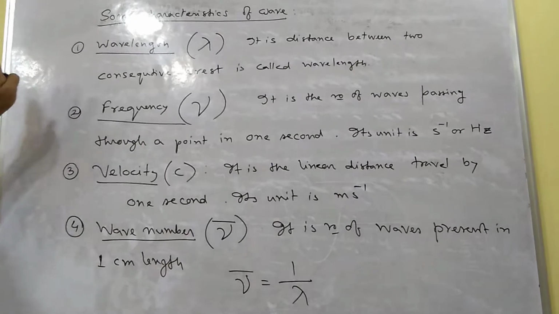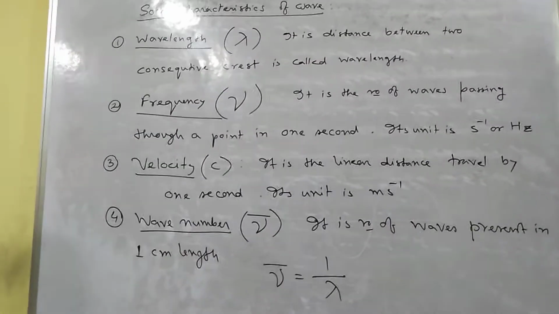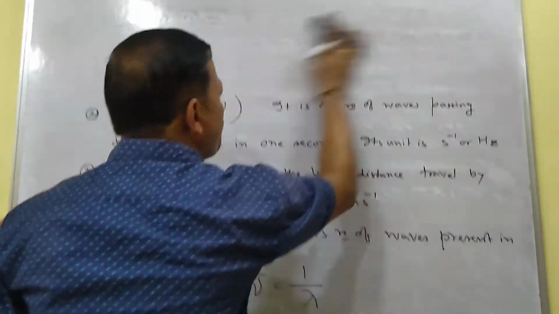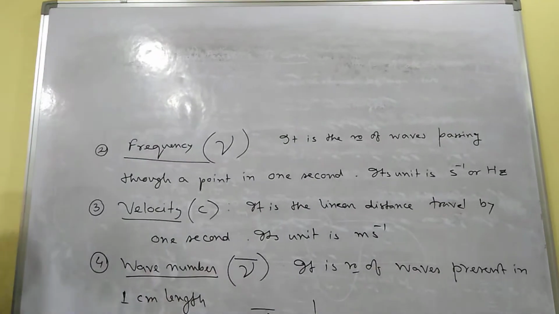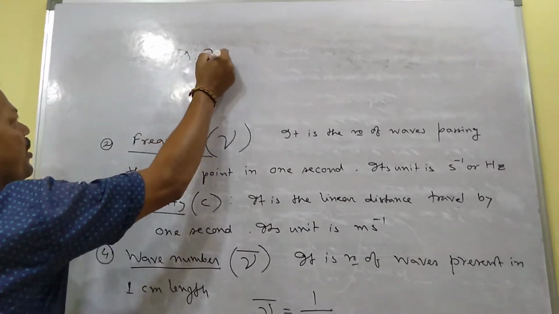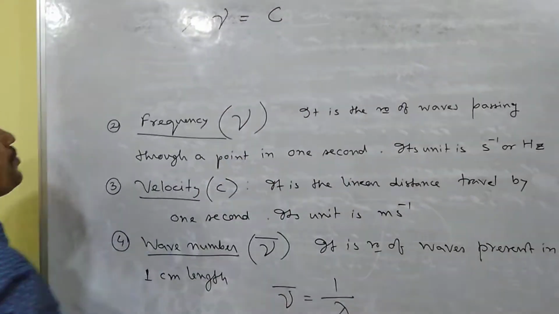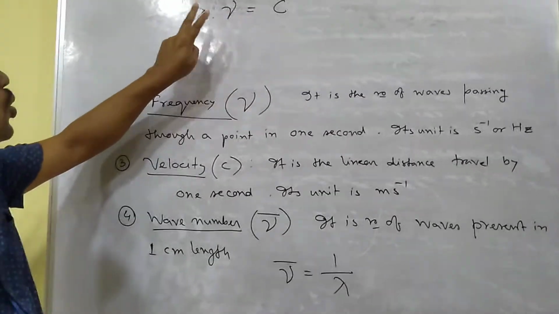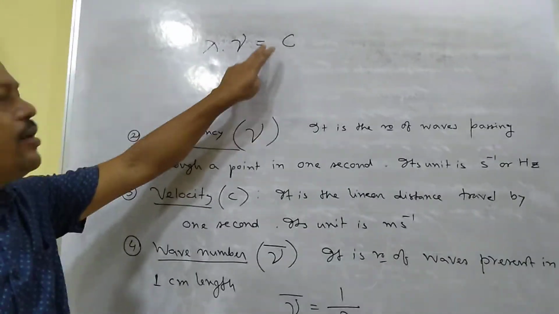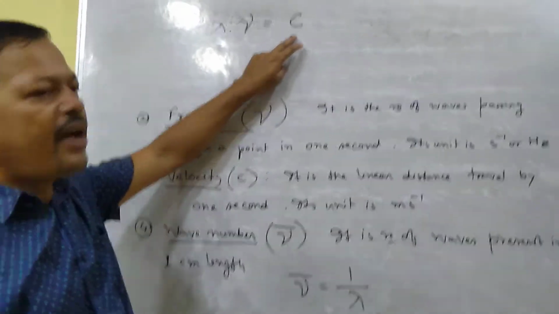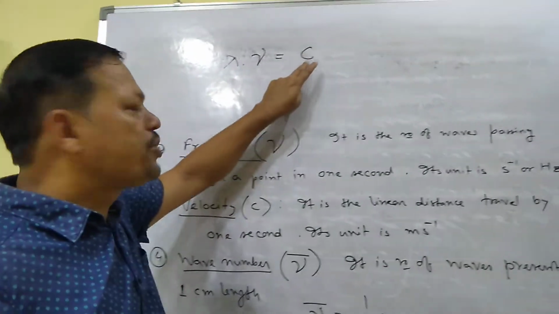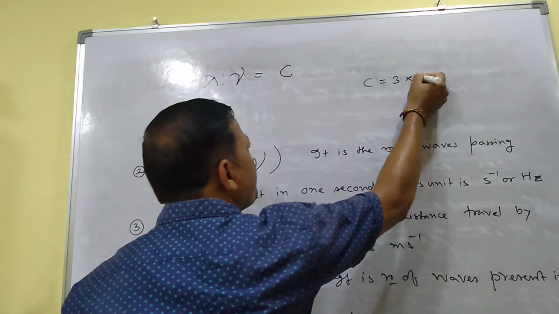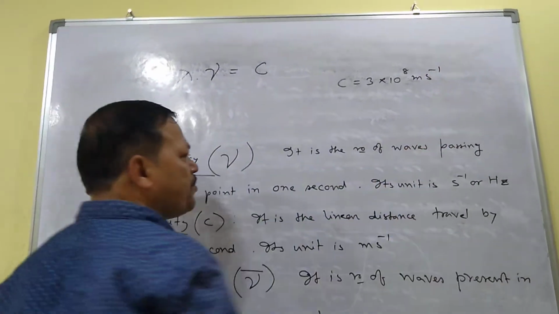So these are the main properties of wave. Now you should know some relations among these properties. One important relation is lambda into nu equals c. Lambda means wavelength, nu means frequency, and wavelength into frequency is equal to velocity. And as you know, the wave has velocity equal to the speed of light. So c is the speed of light, and its value is constant, 3 into 10 to the power 8 meter per second.